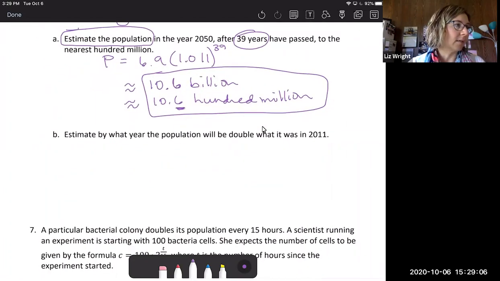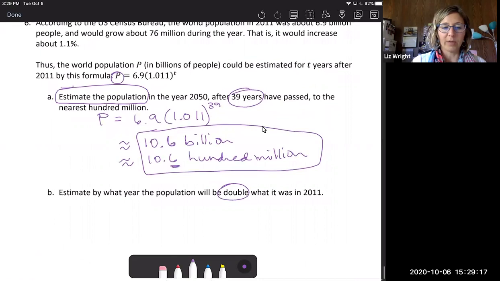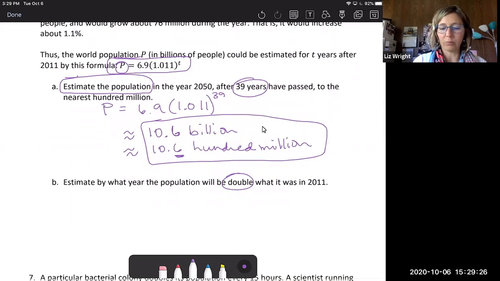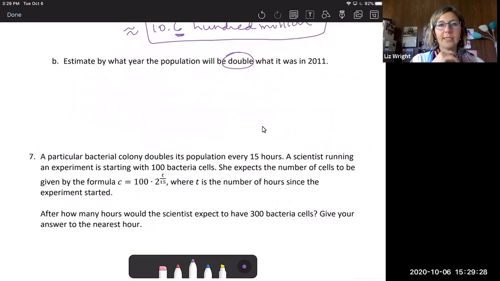The next one. So here we go. Estimate by what year the population will be double what it was in 2011. So we've got our formula up here. I want you to pause the video and think about how we're going to set that up using our equation from up above.